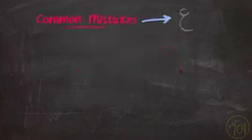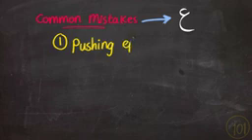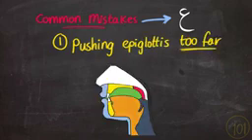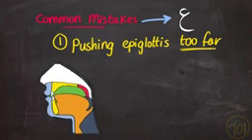As for the ayn, the first mistake is pushing your epiglottis too far back, turning the ayn into a hard, cut letter with no continuation whatsoever. The result is that the ayn, especially when used in the middle of the sentence, would essentially split the word into two, and that is not a good technique, of course.